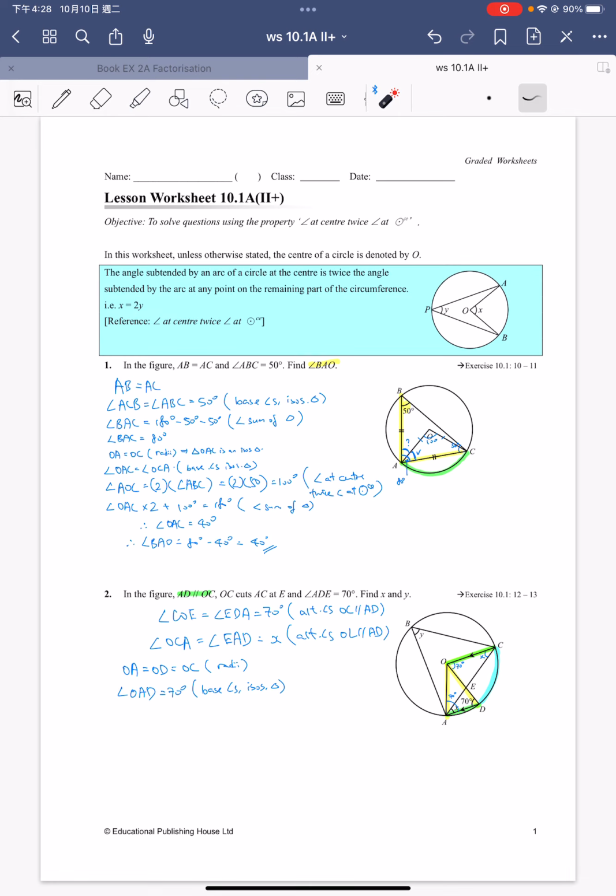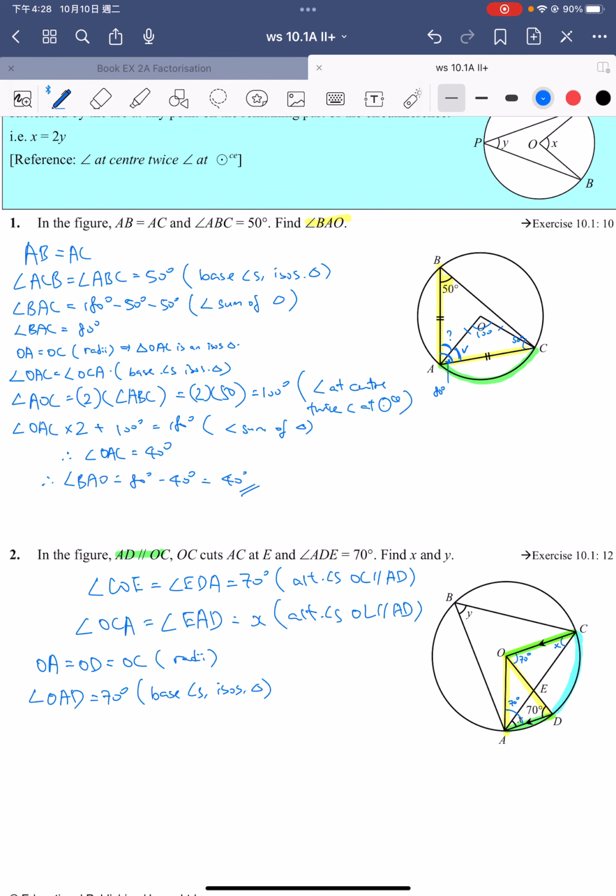So we can say that the angle CAD, which is X, is equal to half of the angle at the center, the angle COD. Then we can say that X is going to be equal to half of 70, which gives you 35 degrees. And the reason used here is the angle at the center twice the angle at the circumference.